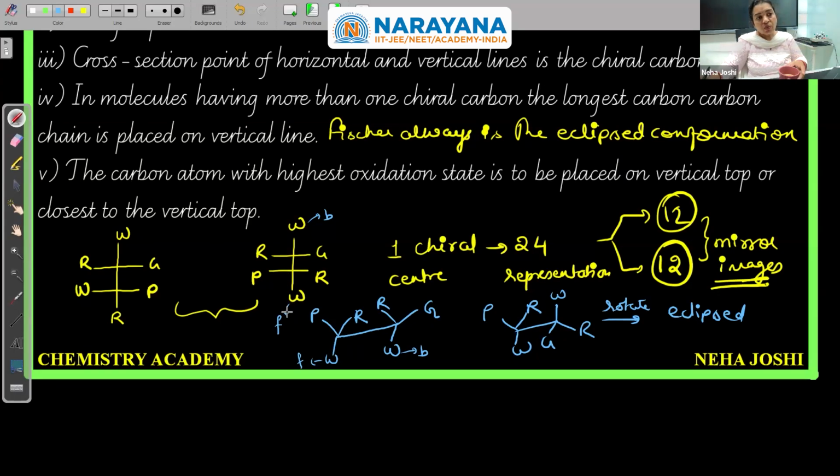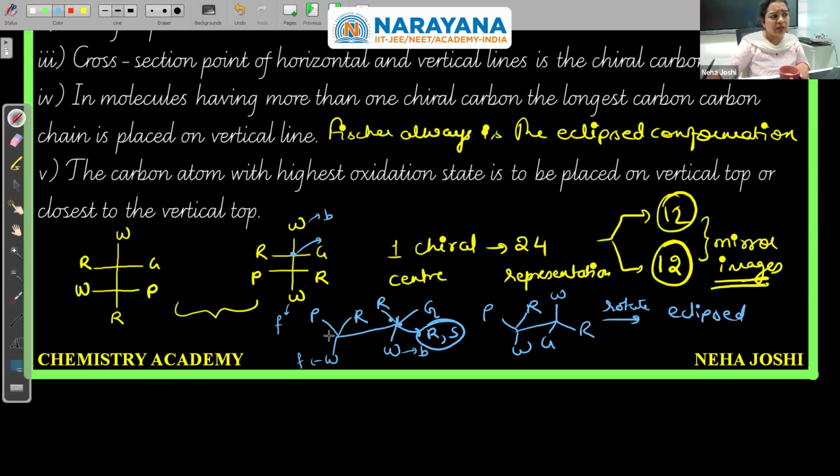Though my best suggestion is don't go for that thing, how to visualize, which to put on the vertical line, which to put on the horizontal line. My suggestion is just do the RS nomenclature. You get this bond is R or S. And then in the Fischer, you check, okay, this is the one I'm considering back.